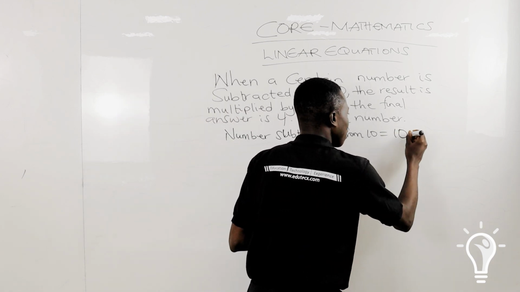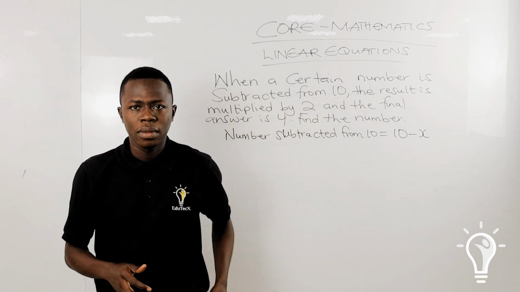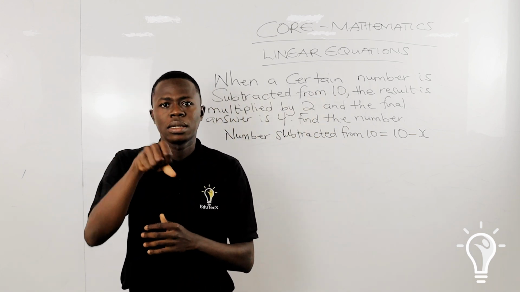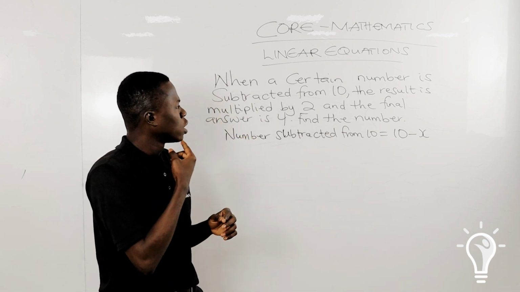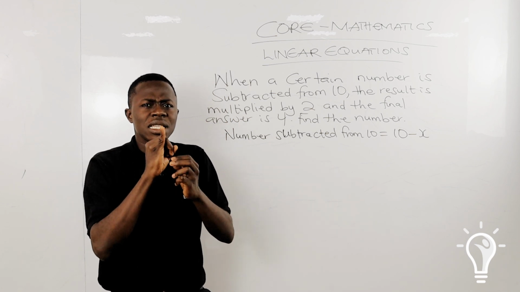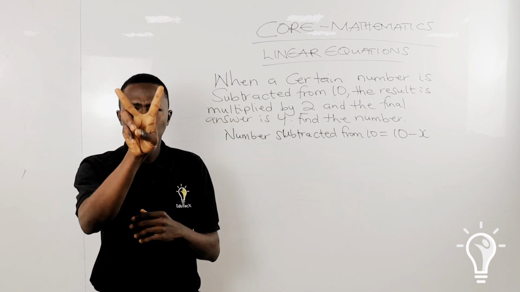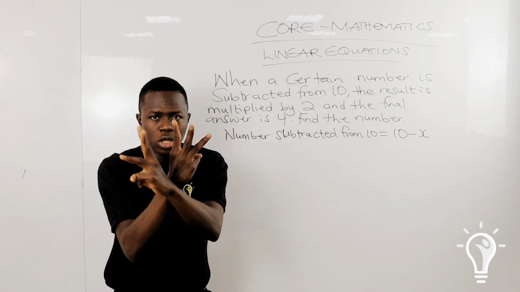Now, we focus on the other sentences. It goes on to say the result, which means the answer, is multiplied by 2. This means that 10 minus X will be in one bracket and then multiplied by 2 because the result is the one that is going to be multiplied by 2.